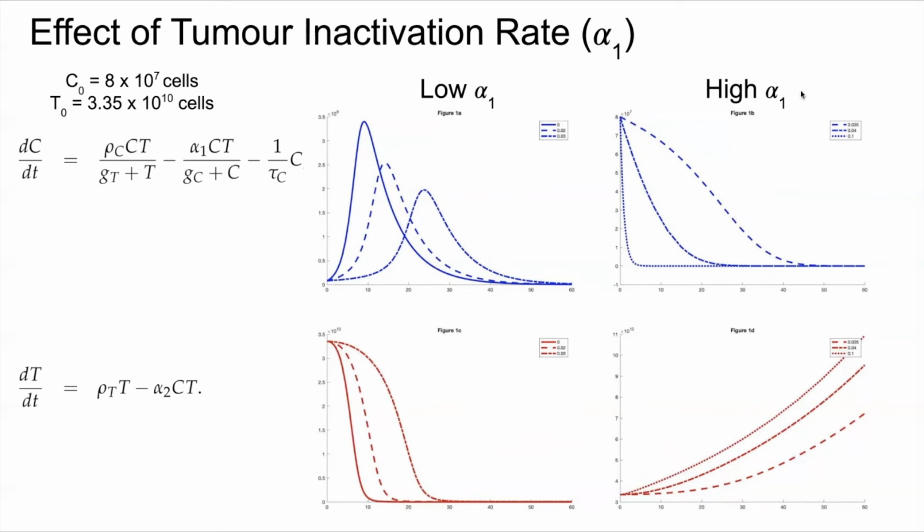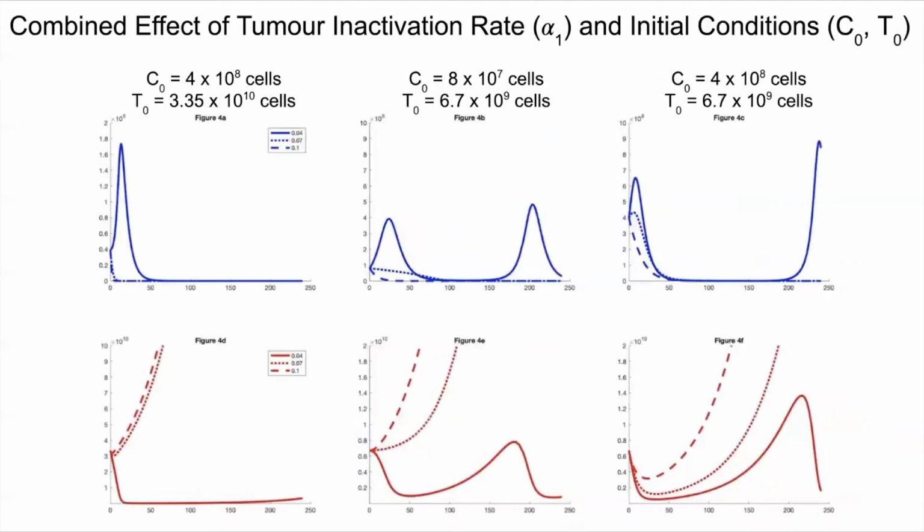Whereas on the right, you have a higher tumor inactivation rate, which means the tumor cells can better defend themselves and actually dominate in the dynamics. This is also intuitive, since stronger defensive mechanisms will lead to a more robust tumor population.